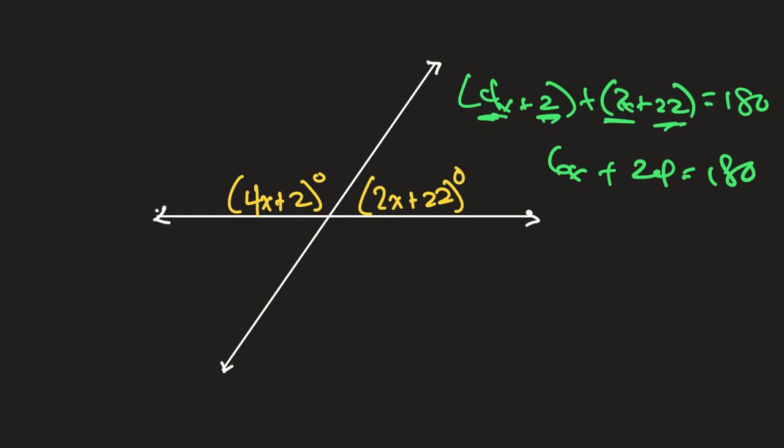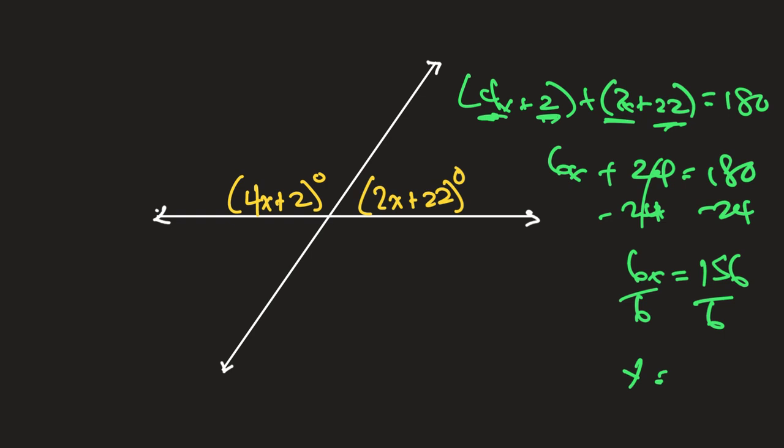We collect like terms. Who's leaving now? Which one? Minus 24. Let's see, 180 minus 20, 160, 4 more, so 156. And divide by 6. Everybody good with that? Let's see, that would be 12, 36, 26. X equals 26.